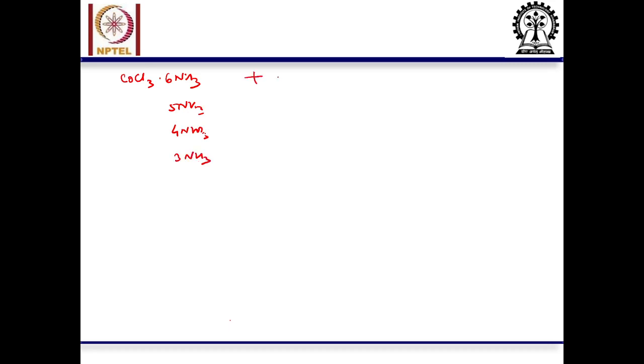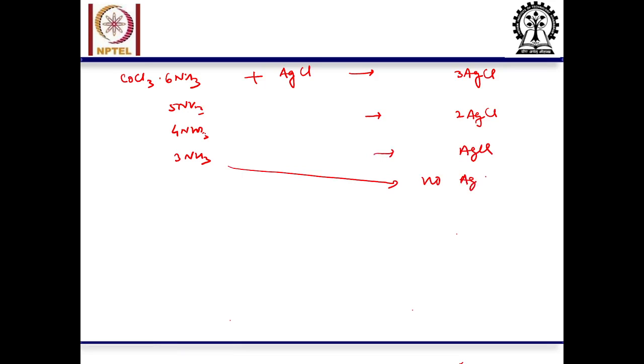Once he added silver chloride, he got 3 AgCl here, 2 AgCl here, 1 AgCl here, and here no precipitate of AgCl. So he thought that there are two types of valency, the primary valency and the secondary valency.